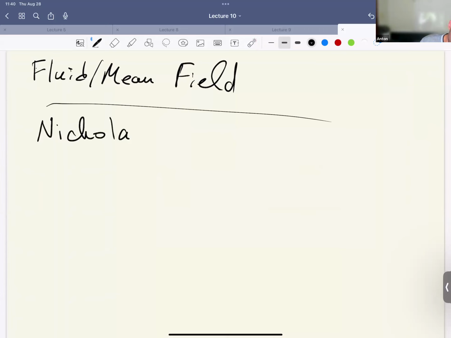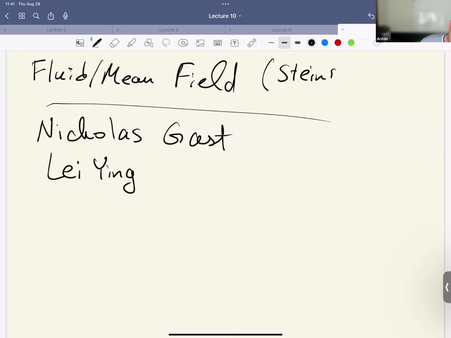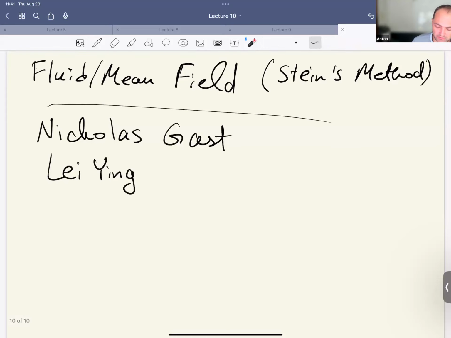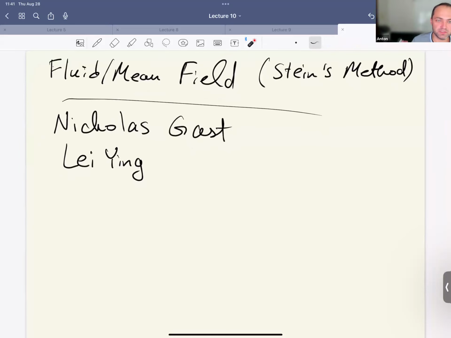I want to give you two names. These two people, of course, are not the only ones to work on Stein's method in this context, but in my opinion, they are by far the most consistent contributors and drivers of the whole technology in this direction.